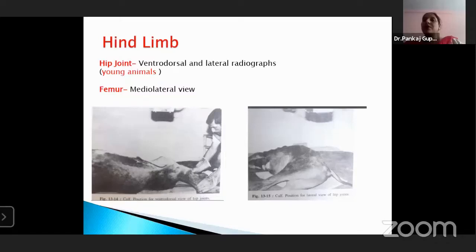A large sized weight bearing cassette is used. The X-ray tube is placed on the ventral aspect and the X-rays are exiting from the dorsal aspect of the body. For femur, we can take the mediolateral view with use of weight bearing cassette placed beneath the animal. The affected limb is towards the floor.